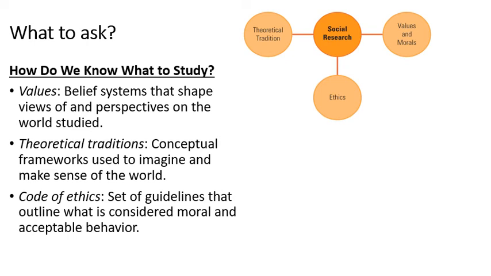And this is true when you're studying human subjects, especially. The code of ethics in the social sciences are a set of guidelines that outline what's considered moral and acceptable behavior on the part of the scientist, how you conduct yourself and how you conduct your study, and also what's acceptable for participants to endure, let's say, in the name of science.